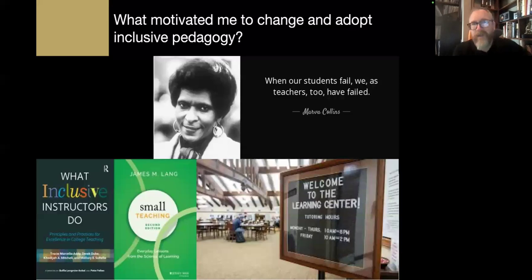So what motivated me to change and adopt inclusive teaching practices? I think that this is an important thing, and a lot of people like me need to be reached out to at a certain level. And for me as a scientist, seeing my own data helped.